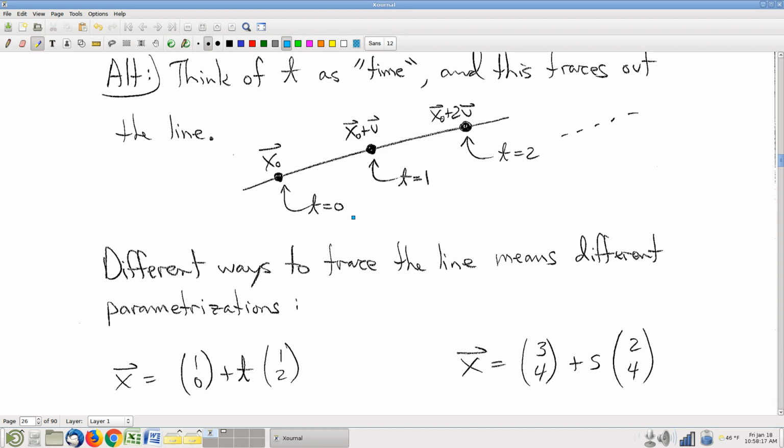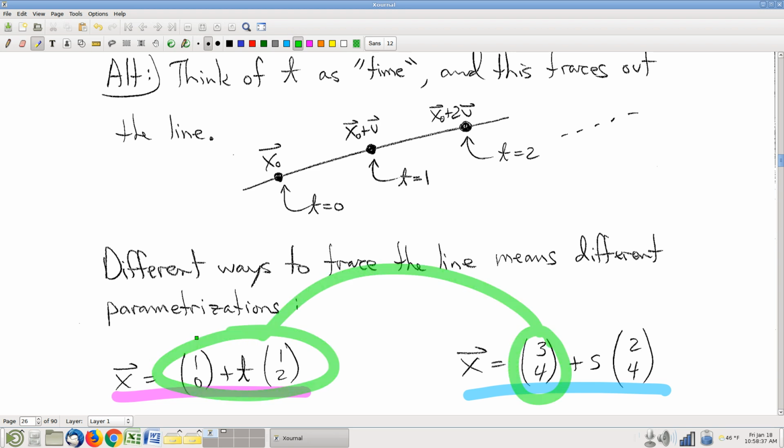So if you look at these two parameterizations, let's look at this one versus this one. They look like completely different parameterizations. None of those things are familiar, right? But notice this starting point on this parameterization is exactly what you get when you plug in t equals 2.